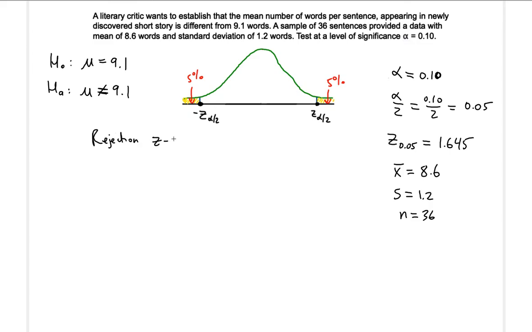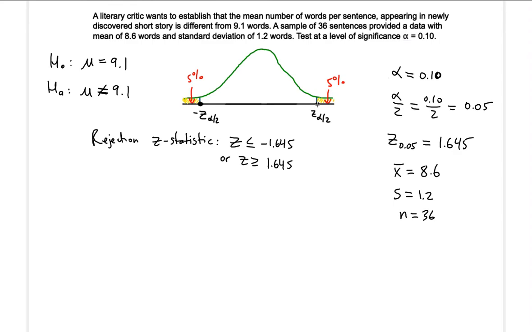Rejection z statistic. The rejection z statistic happens when z is less than or equal to negative 1.645, or when z is greater than or equal to 1.645. So what this means is that we already found that the rejection z is 1.645.